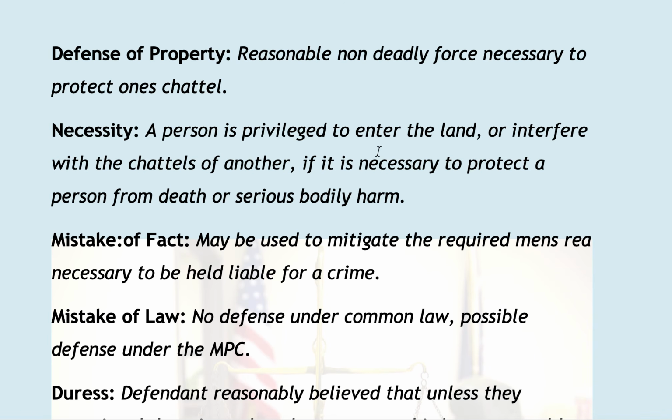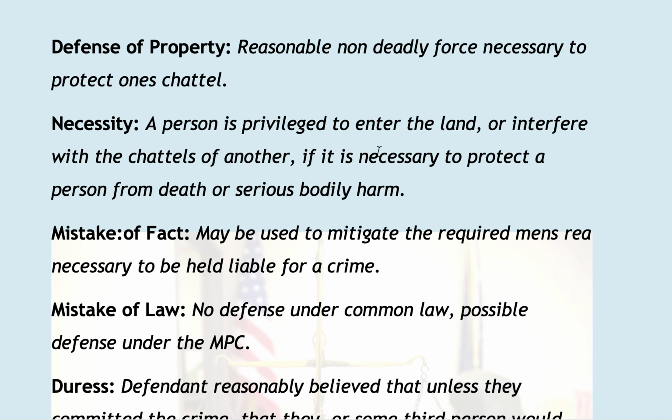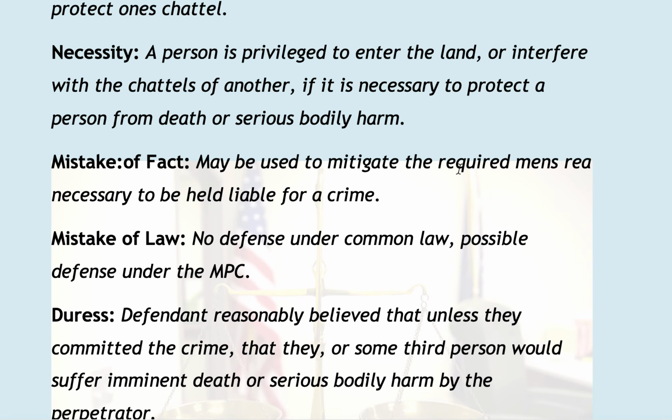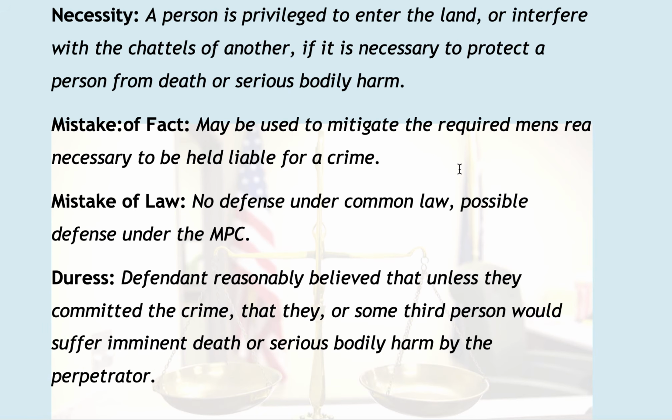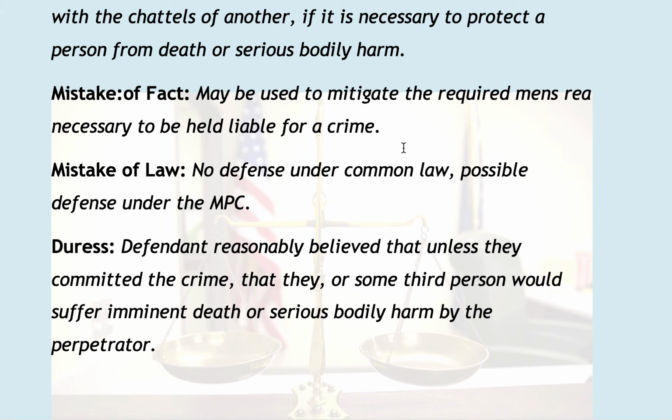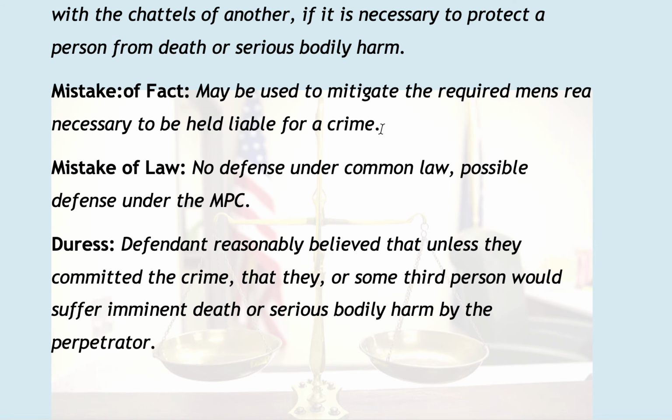Necessity. A person is privileged to enter the land or interfere with chattels of another if it's necessary to protect a person from death or serious bodily harm. Mistake of fact may be used to mitigate the required mens rea necessary to be held liable for a crime.